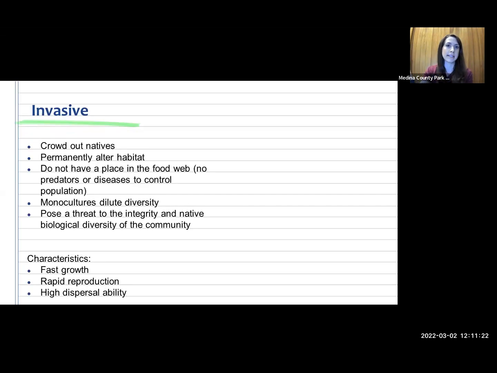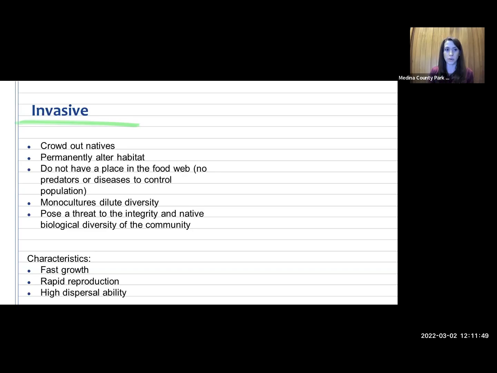So what makes a plant an invasive and not just a non-native? Invasive plants have very aggressive growth and reproduction. They move into an area, and when they can't find a natural pressure to control them, they're just going to keep multiplying and keep multiplying, and then eventually it's going to become a problem.